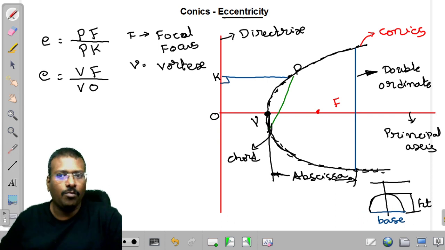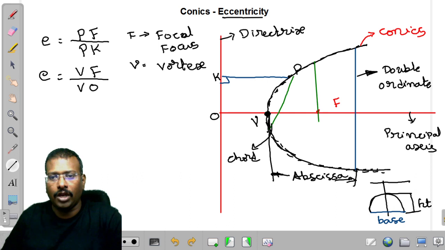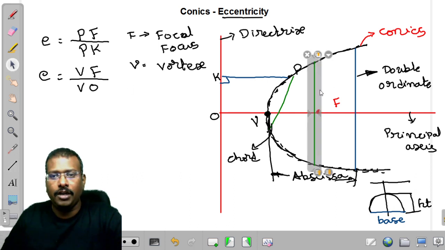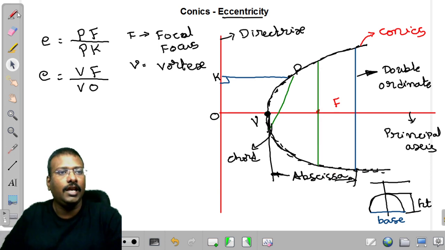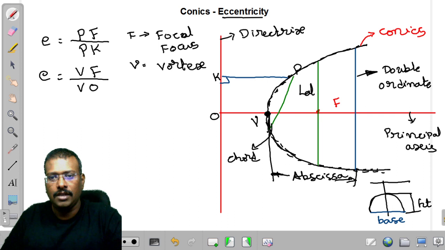Apart from this, one more element is there, that is the double ordinate passing through the focal. The double ordinate which is passing through the focal is considered as latus rectum. Latus rectum.